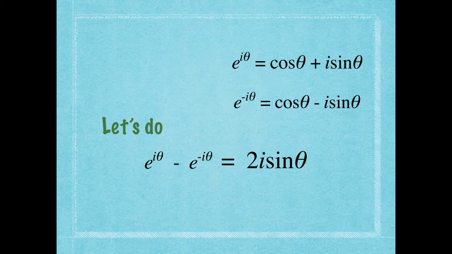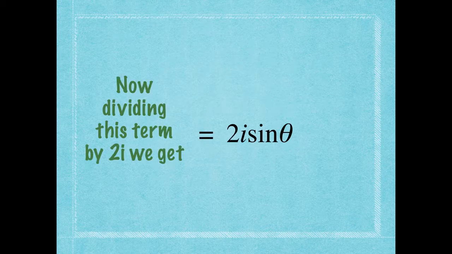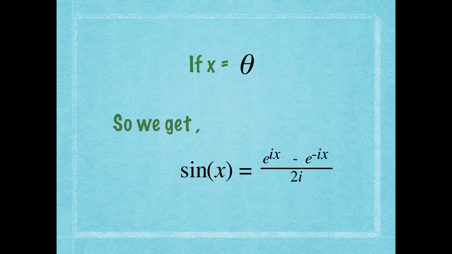Now if we divide both sides by 2i, e to the power i theta minus e to the power minus i theta is equal to 2i sin theta, and dividing both sides by 2i, we'll get this one.